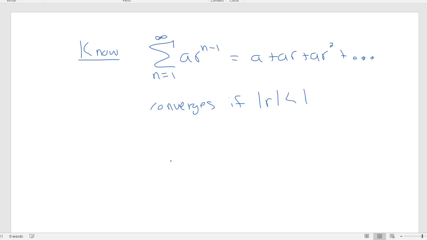And then we also had the p series. We did this in our last video, and we can justify this with the integral test. As long as p is greater than 1, the p series converges, and if p is less than or equal to 1, it's going to diverge.